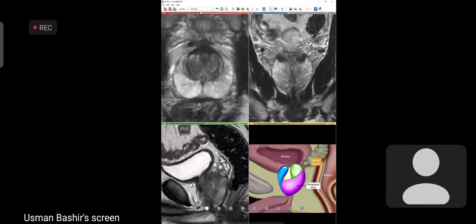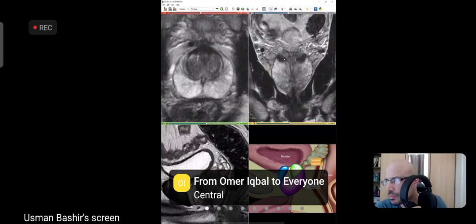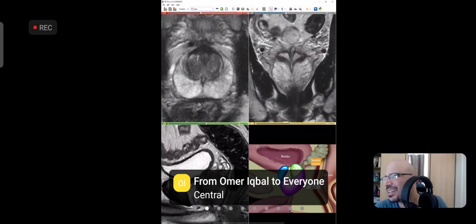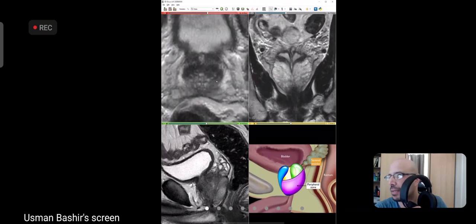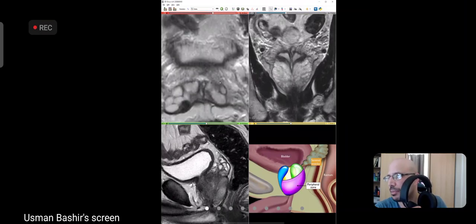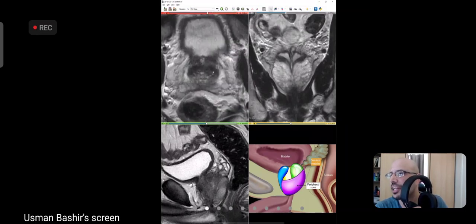Sir, we students want to see the central zone again as well. Okay. Central zone. Especially on the axial groups. Do you know what it is on axial? The thing is, on axial you just have to look at the base of the gland. You have the seminal vesicles here, and you come down, and that's it. You see this very dark bit, and that is the central zone.